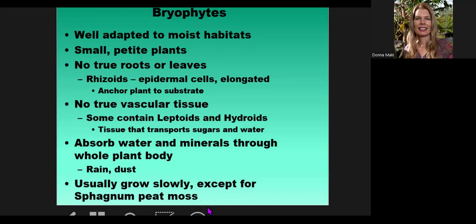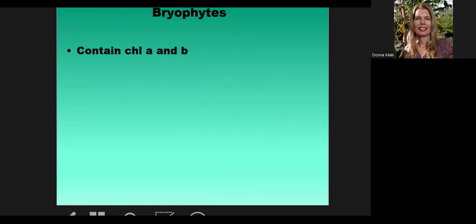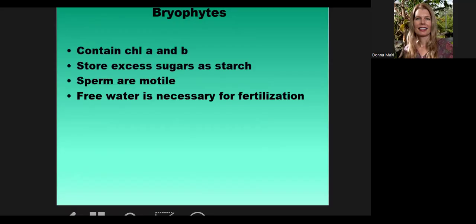They like moist habitats, although they're pretty good at surviving through drought if necessary. They have chlorophyll A and B. Like the higher plants, if they make extra sugar, they'll pack it away as starch for a rainy day, so to speak. The sperm are motile.